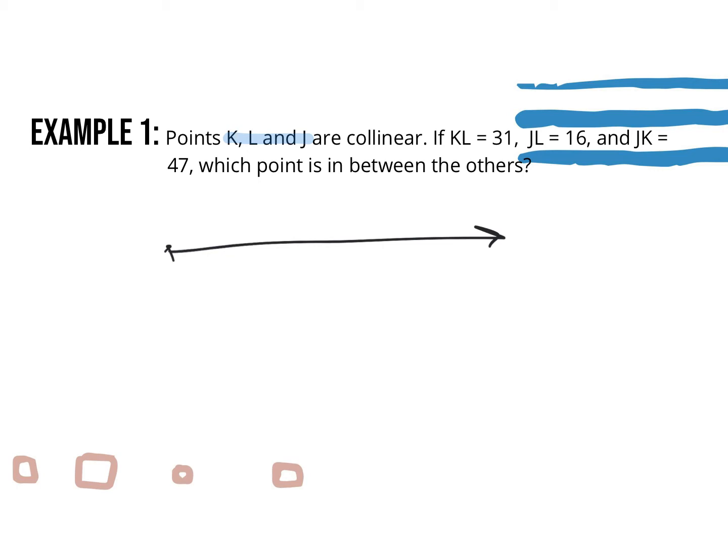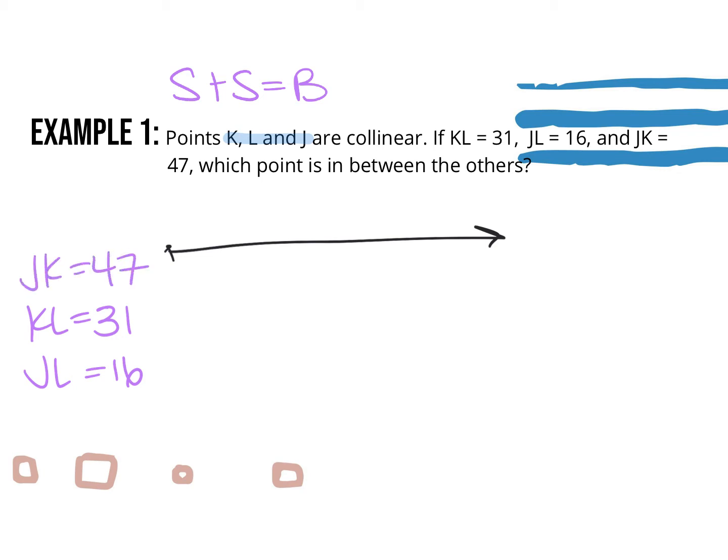In the previous slide, we said small plus small has to equal the big. We have KL is 31, JL is 16, and JK is 47. So this has to be a small and this has to be a small, because this number is the biggest one.